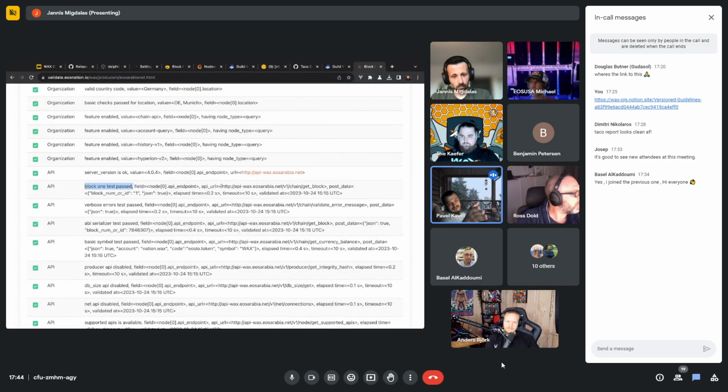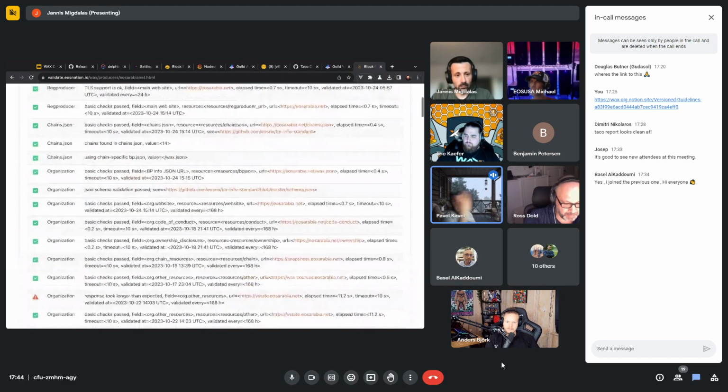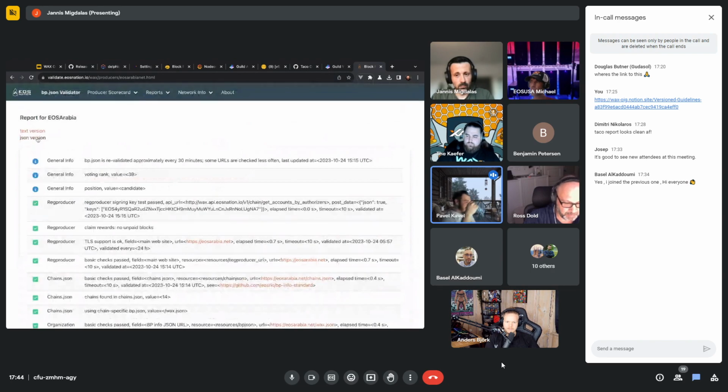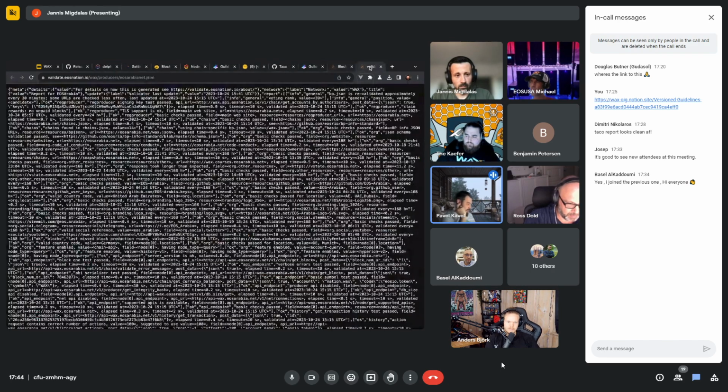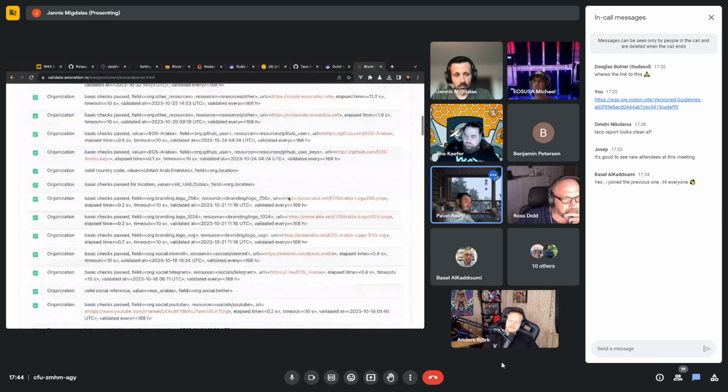We have full blocks, but we have API, light API and IPFS in our block BP JSON. This validator does not report that we have full block because it doesn't recognize those two types of API. I asked Matthew to address this kind of problem. I thought it's simple, but I guess they are busy with other stuff than upgrading this validator.